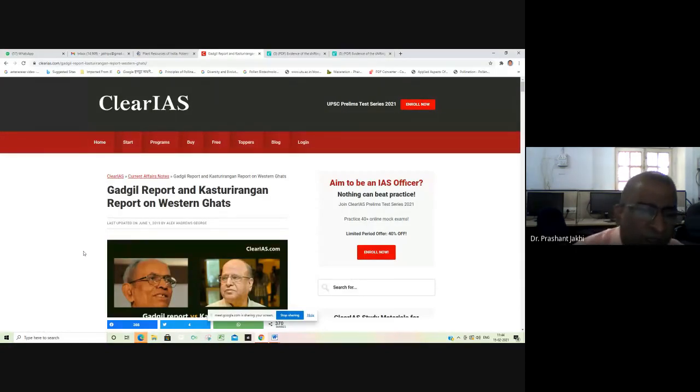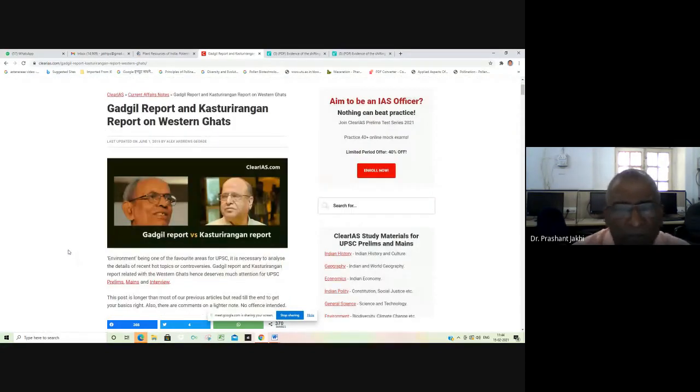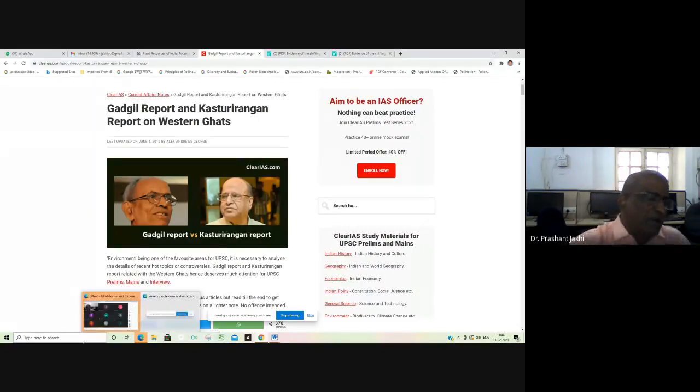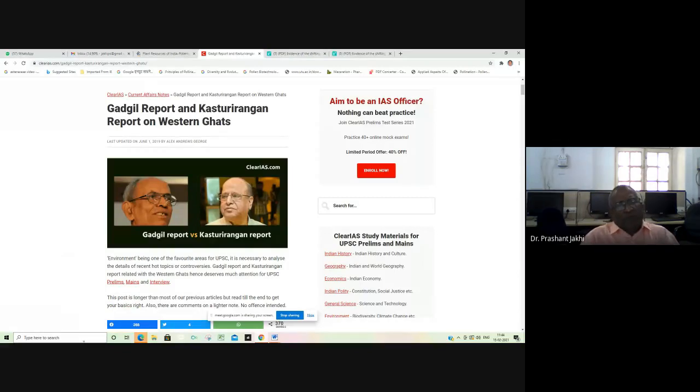Due to mining, poaching and a number of other activities, the Western Ghat diversity is in danger of extinction, and that's why this Gadgil committee was formed by the central government, and this committee has put forth their report. So, Gadgil report and Kasturi Rangan report on Western Ghat.